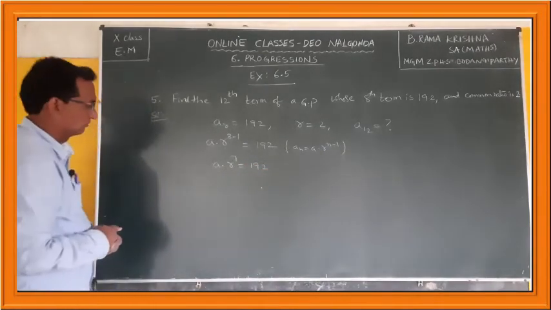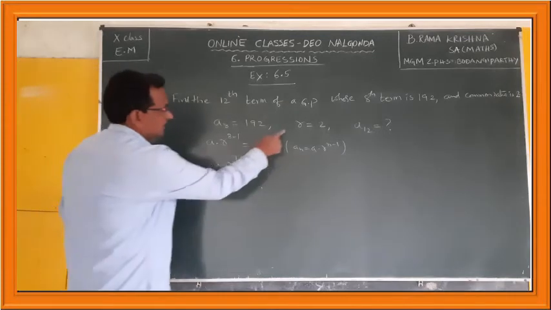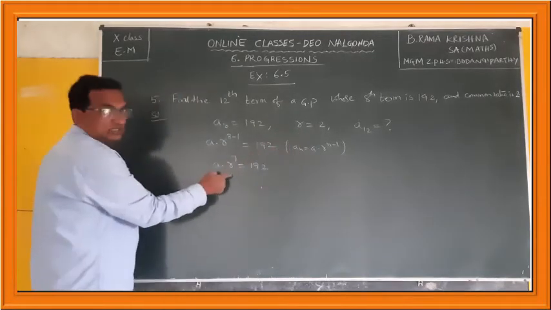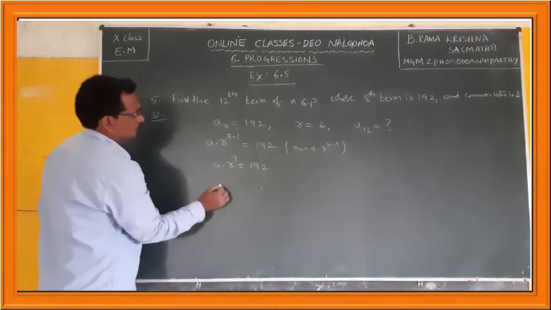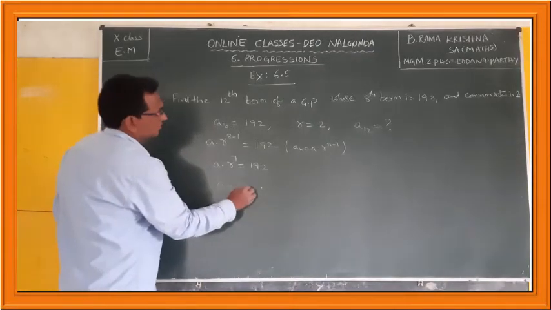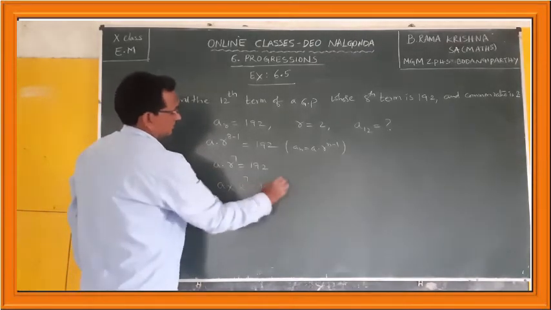Now R is given here, substitute in this equation. A into 2 to the power of 7 is equal to 192.